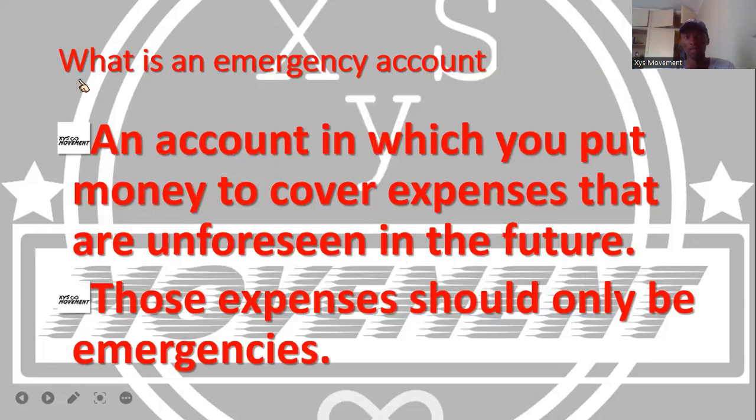So let's see. What is an emergency account? An emergency account is an account in which you put money to cover expenses that are unforeseen in the future. Obviously, when you have an emergency account, those expenses should be emergencies only, just like it is said, an emergency account.